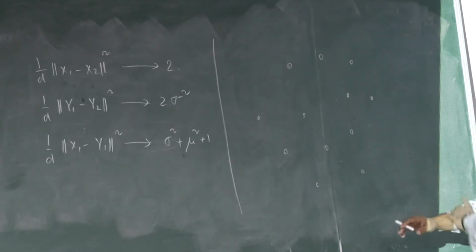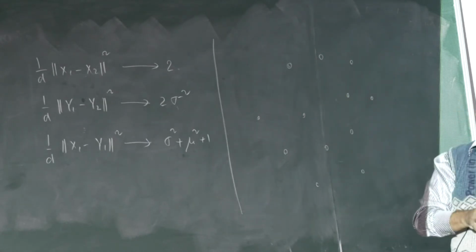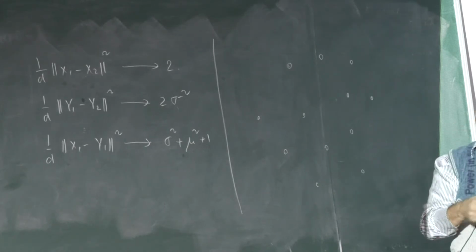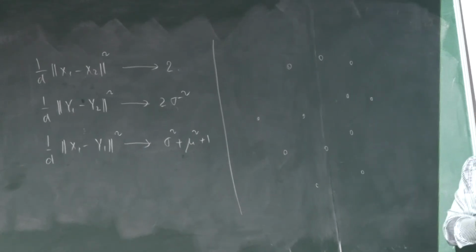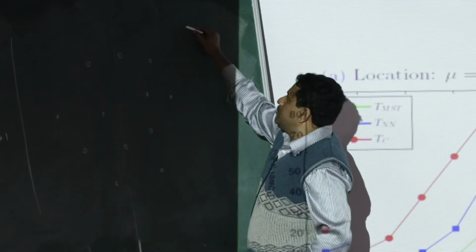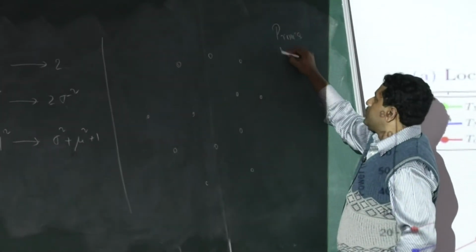Okay. So consider a complete graph on these vertices, an edge-weighted complete graph, where each edge has a weight or cost associated with it. How to construct the minimal spanning tree? There are two popular algorithms. One is Prim's algorithm, another is Kruskal's algorithm.